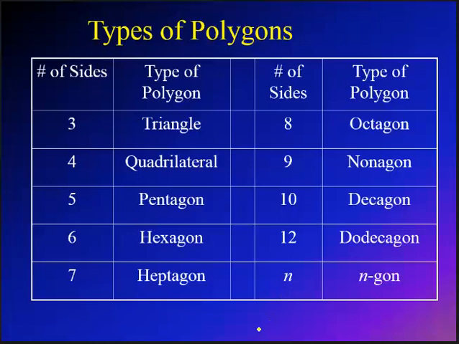So for example, if we had, say, 36 sides, we would just say a 36gon. Okay, rather than memorizing an indefinite number of names. Once we go above 12, we'll just use the number. Okay, but I do expect you to have all of these memorized.